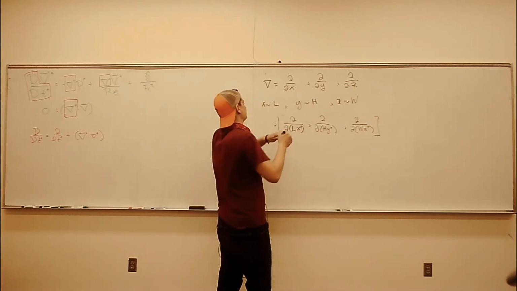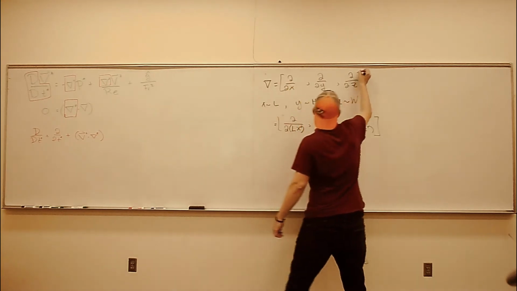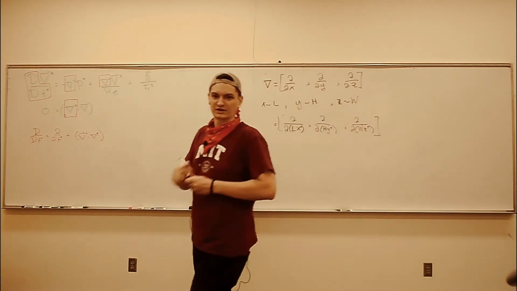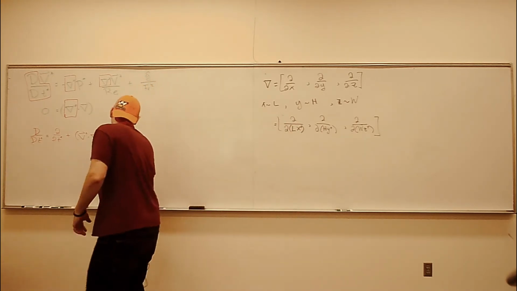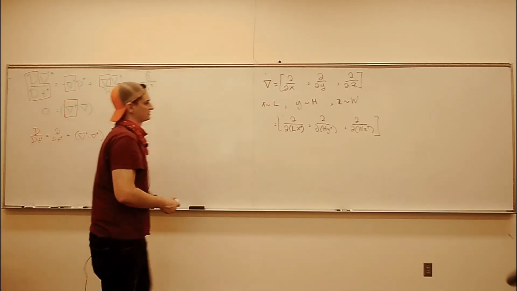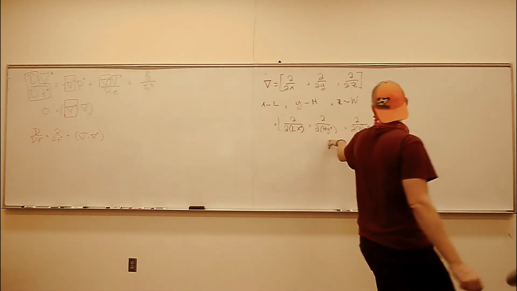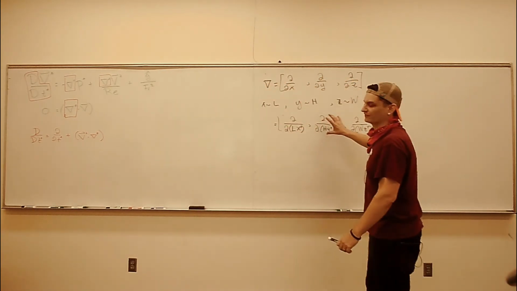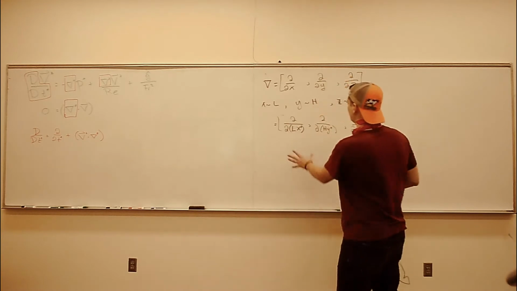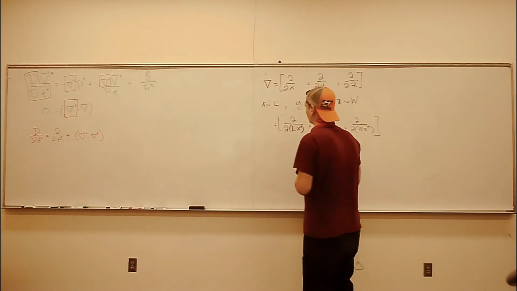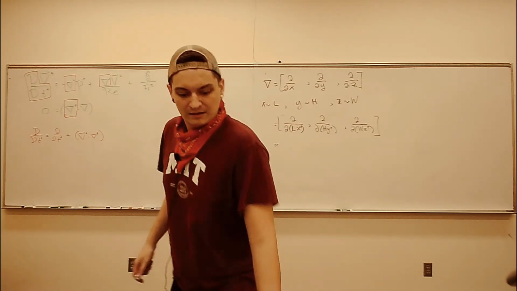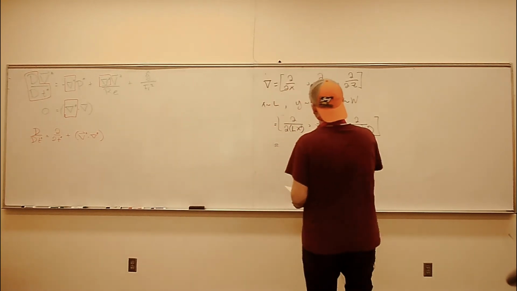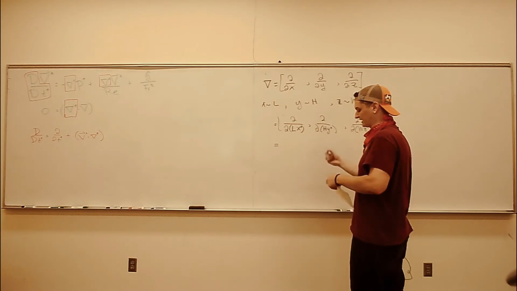I've defined my gradient operator as this row vector that operates on things, and now I've non-dimensionalized it by the simple process of substitution. So how can I recover this and write something in terms of the non-dimensional gradient operator? I'd like to write something that has this thing without that in there.